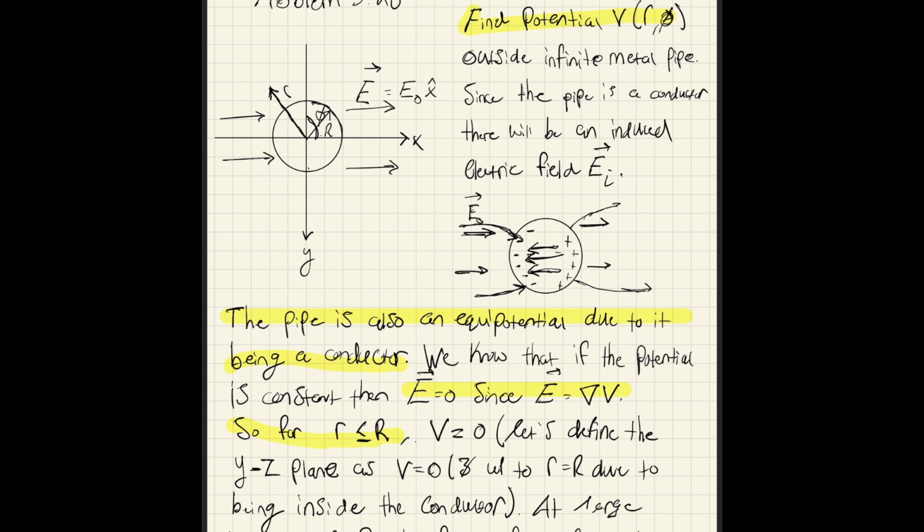That means for r less than or equal to capital R, the radius of the pipe, the potential is zero, because it has to be zero.